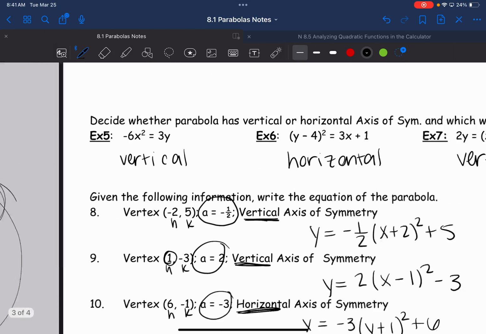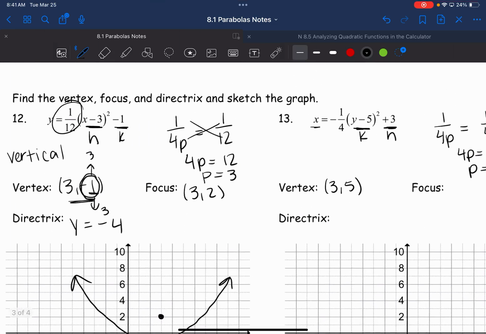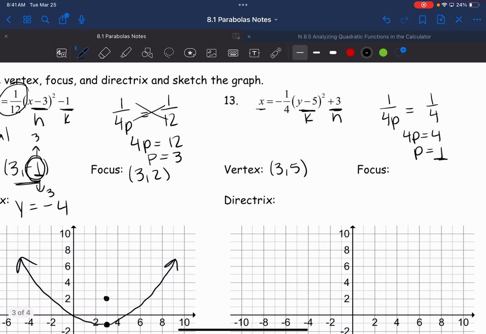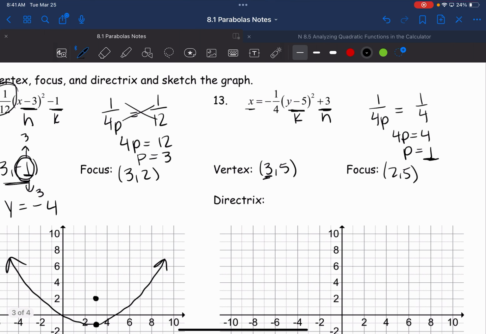So to find my focus, I'm going to move P places to the left. Okay, so if I move P places to the left from 3, I would be at 2, 5. And if I move P places to the right from 3, then I would be at 4.